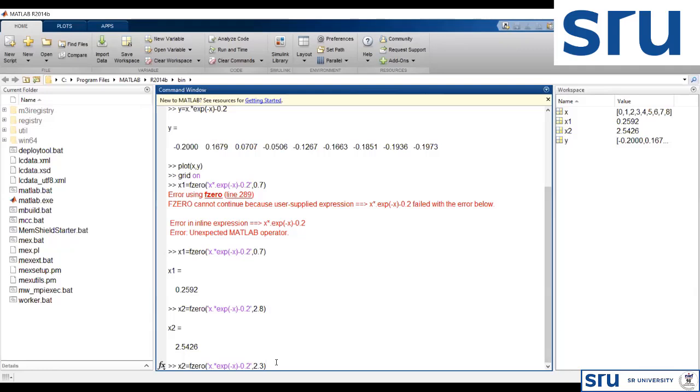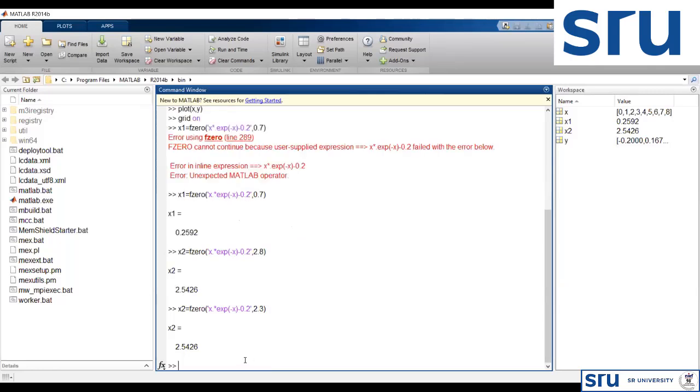The same value will come because these are only the initial guesses, but the root will be exact. So here also you got it by changing the initial guess. By taking a different initial guess, there is no effect on our root. But you have to take a value near about the root.